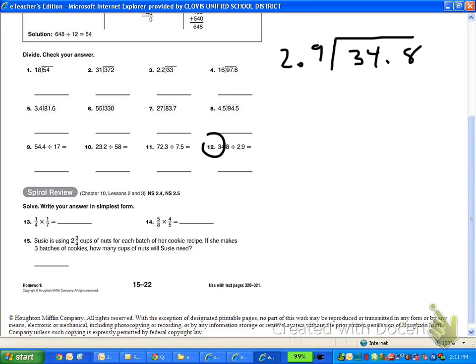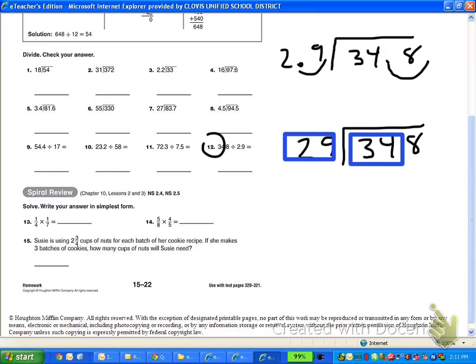Hey, number 12, 34.8 divided by 2.9. I'm going to move this over 1, so I'm going to move that one over 1. So now I know it's 348 divided by 29. So 34 divided by 29 goes one time.